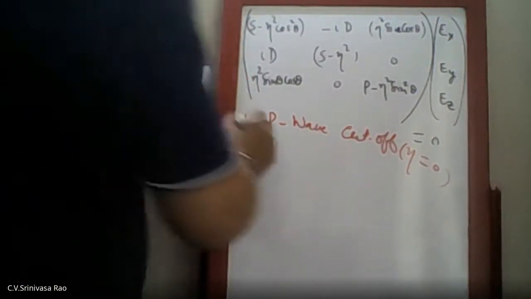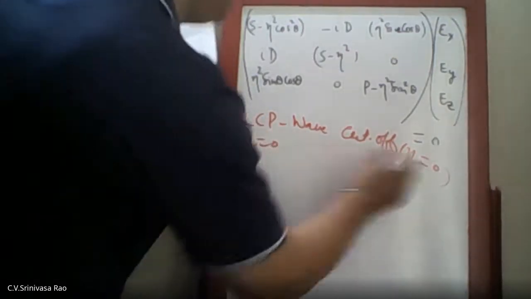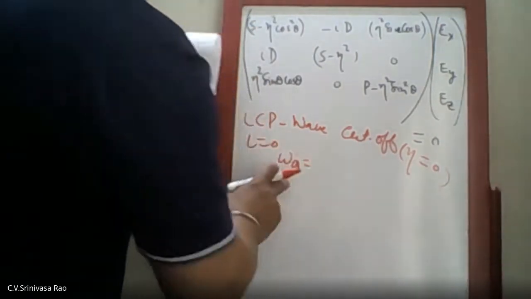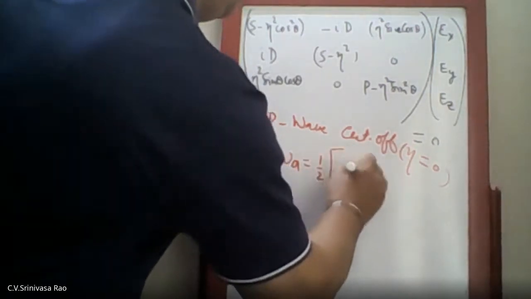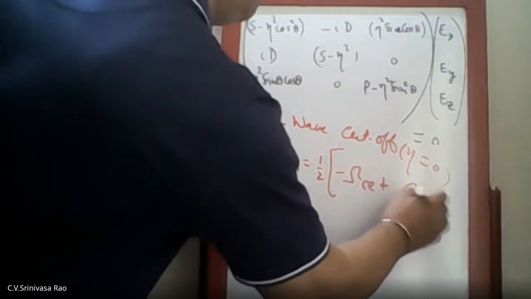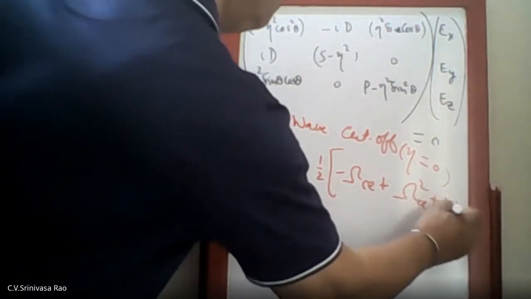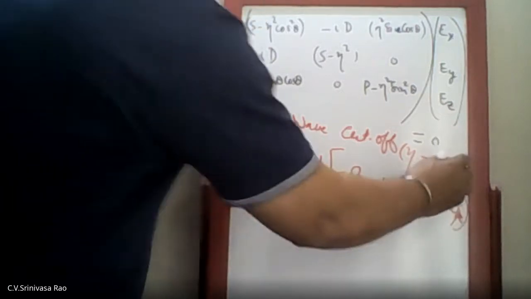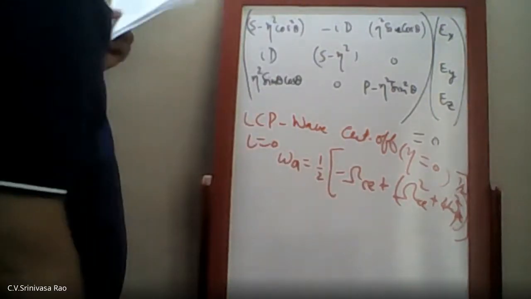So that we got for putting L equal to 0. And therefore this happens at a frequency called the cutoff frequency for the LCP.